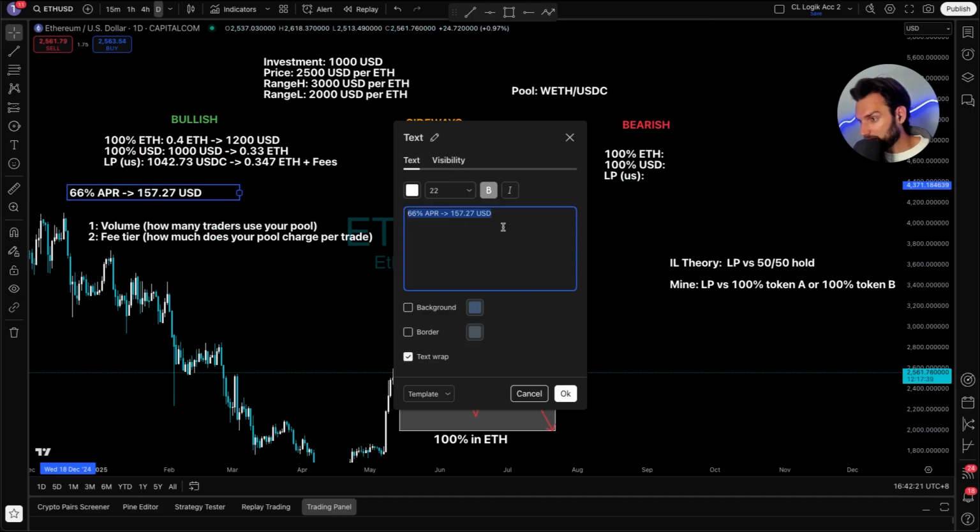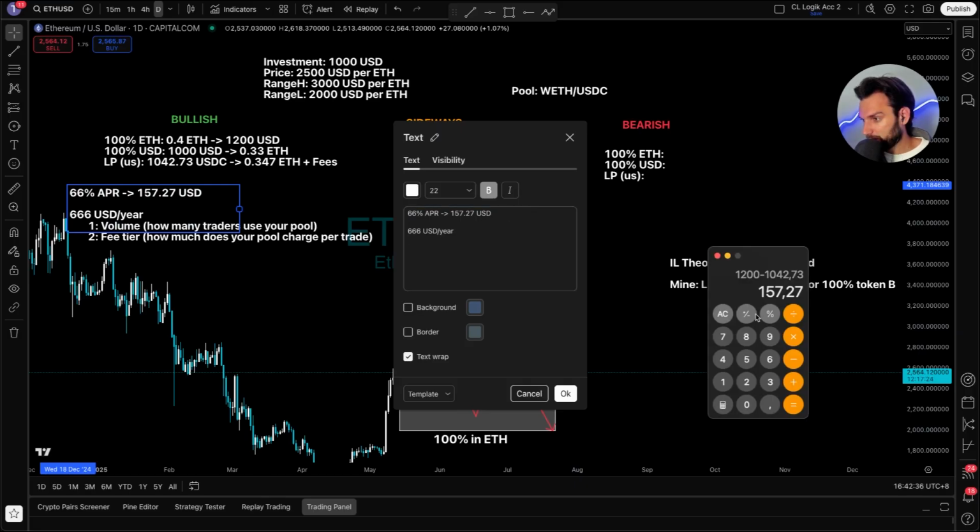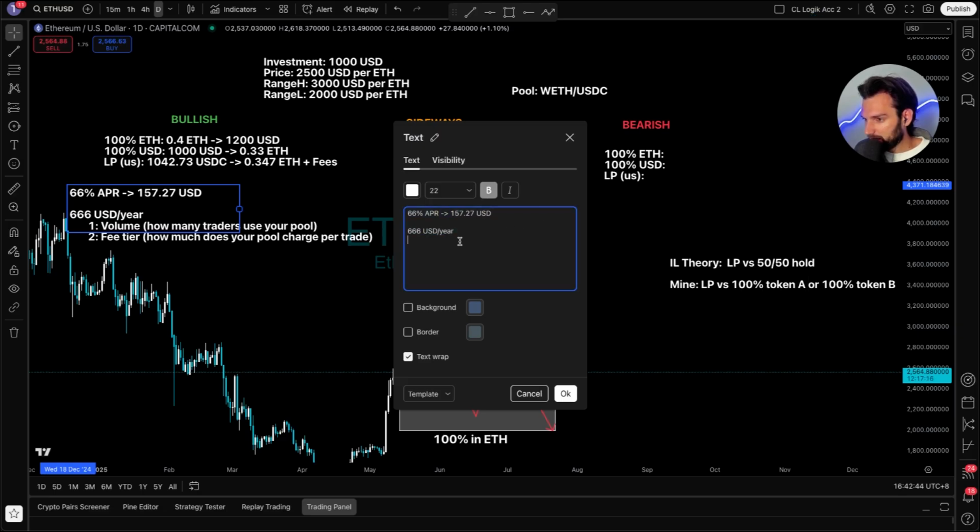So we make 666 USD per year, right? So how much is that per day? Let's calculate. So per day, 666 divided by 365 is $1.82 a day, USD per day.